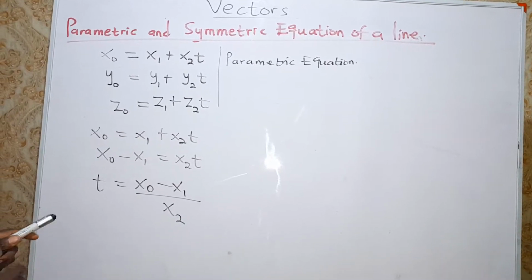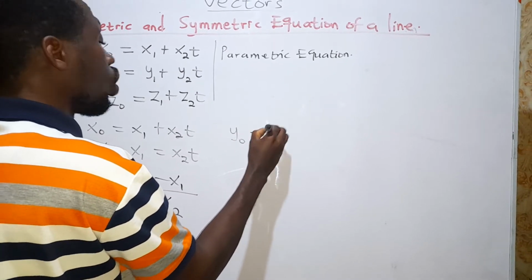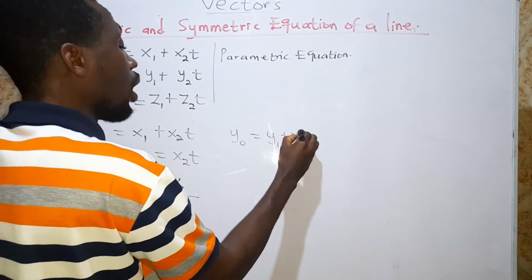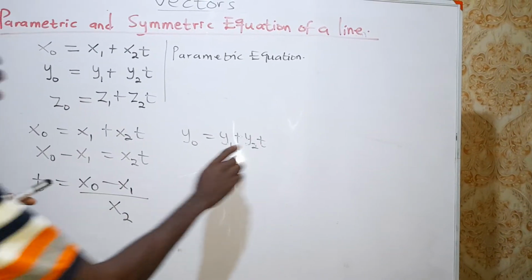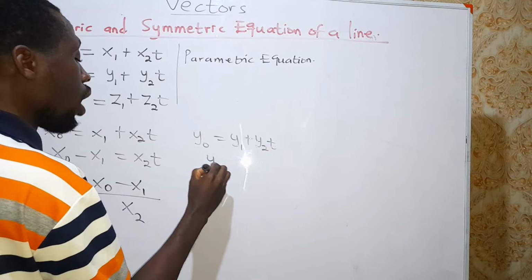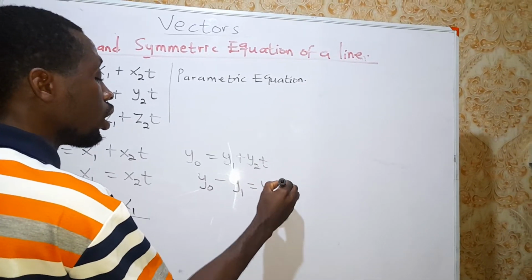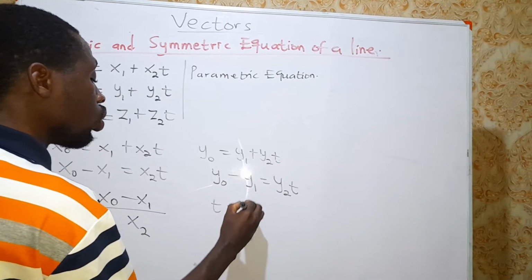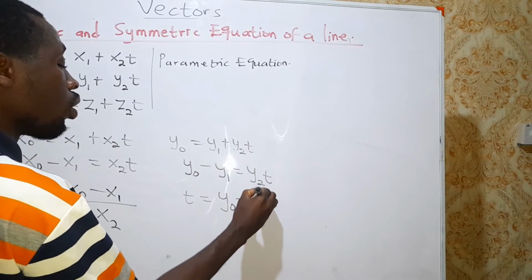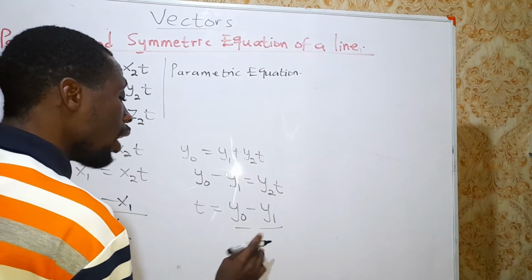I hope you get that. Also, if we have y naught equal to y1 plus y2t and we make t the subject, we have y naught minus y1 equal to y2t. And we divide both sides by y2, we have t is equal to (y naught minus y1) all over y2.